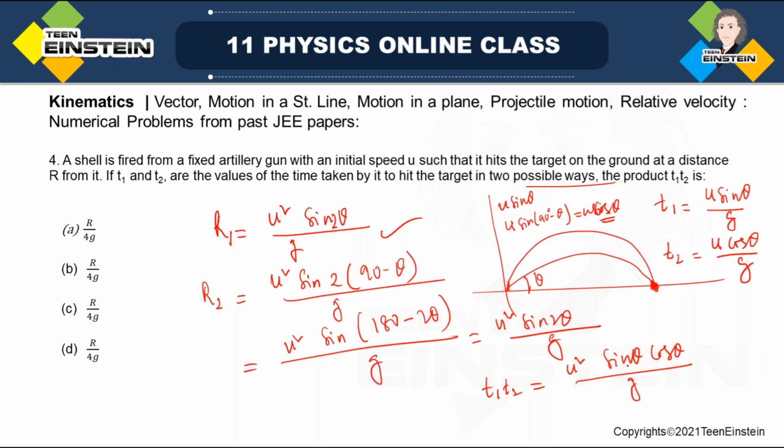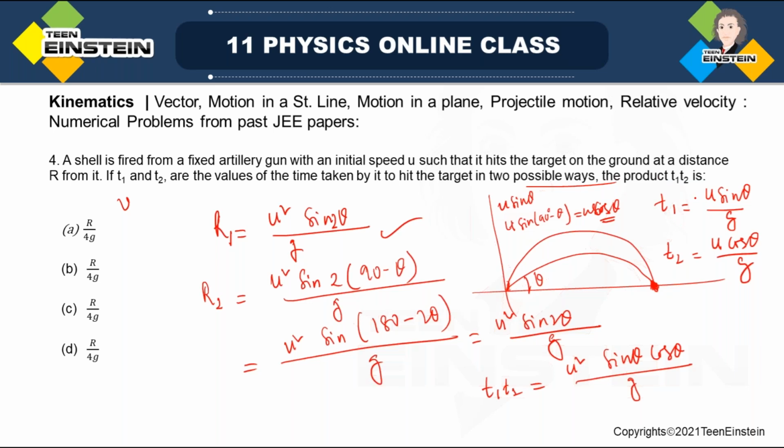If you want to write it in terms of range, what could you do with this? Oh, I see.